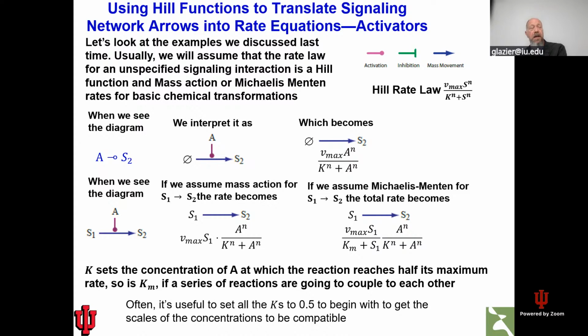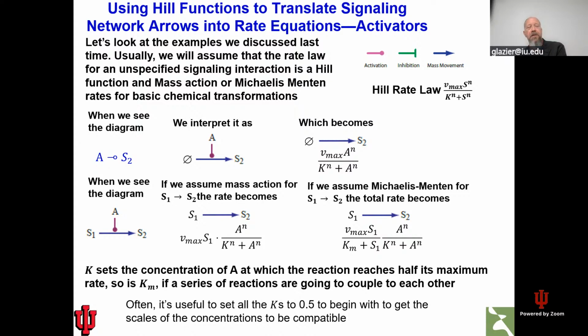And so in that case, everything will be set up so that the concentrations always scan between 0 and 1. And so the output of one circuit will always be compatible with the input of another. It's a little bit like trying to reduce this to a logic gate. In TTL logic, you use 0 volts for 0 and 5 volts for 1. Here we're trying to say a large value is A equals 1, a small value is A equals 0.